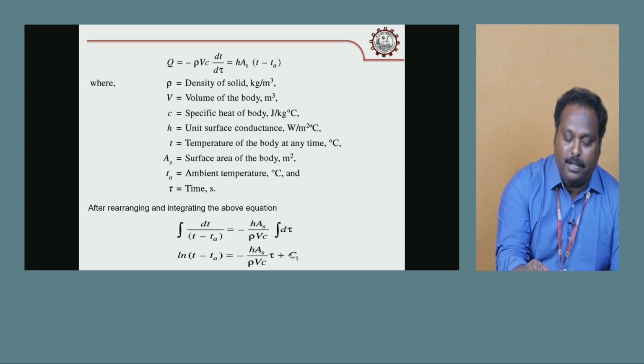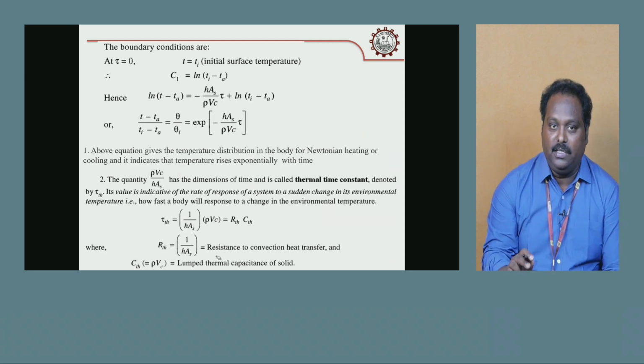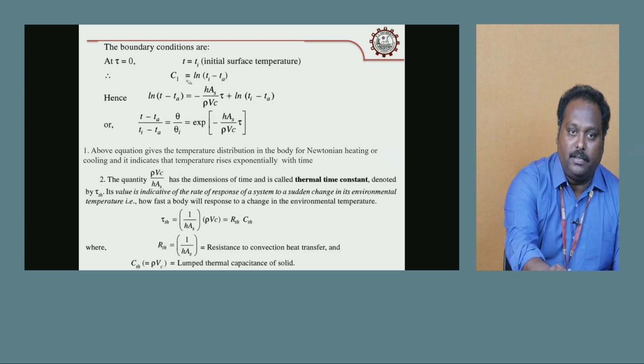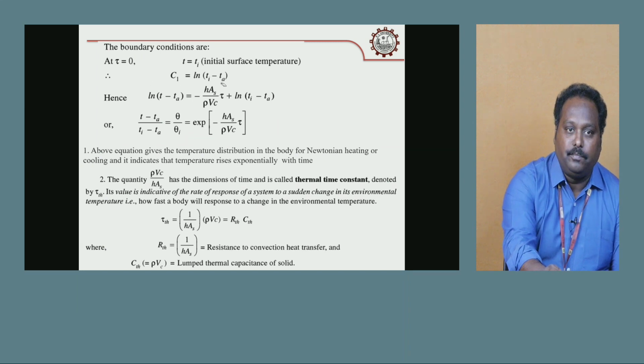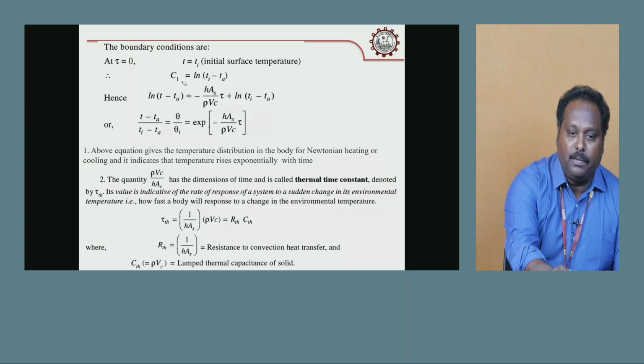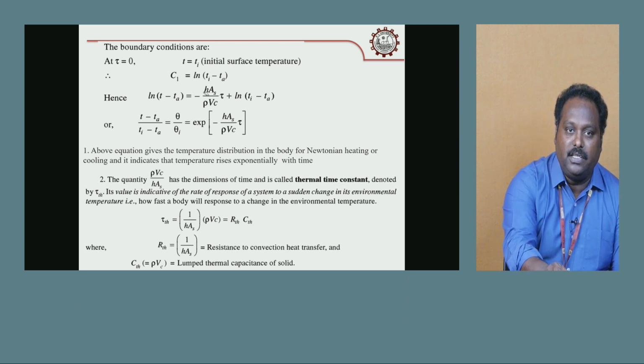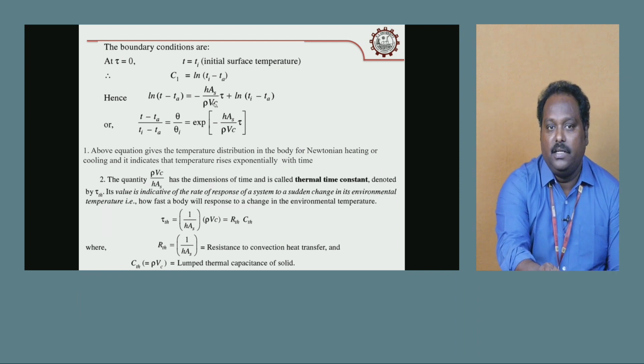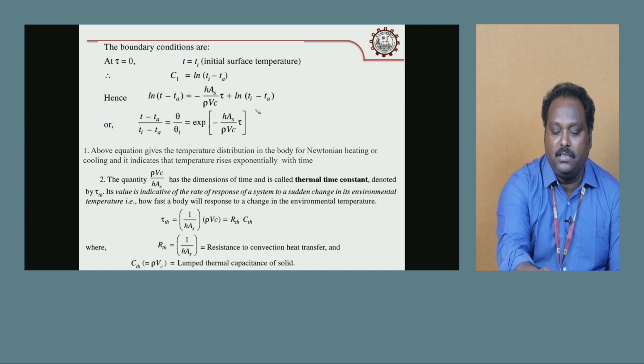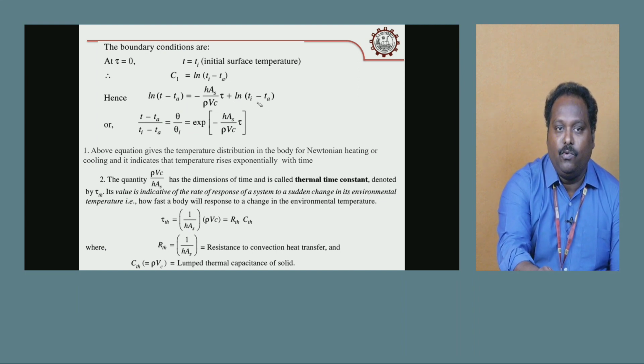So C1 becomes ln of Ti minus Ta. So when you substitute this in the previous equation, ln of T minus Ta is equal to minus hA divided by rho V C into tau plus ln of Ti minus Ta. This is the value of C1.